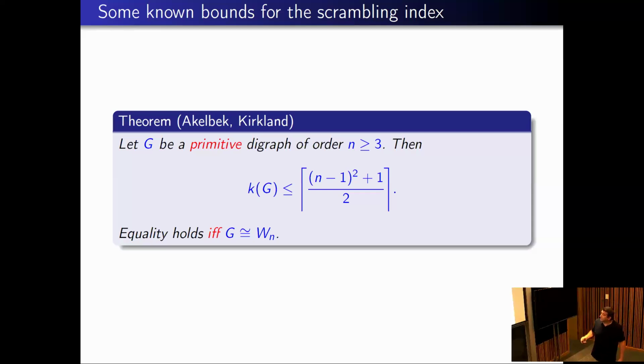For a primitive graph, it will give us the same situation with the extreme point as the Wieland matrix. And again, the extremal matrix with extremal scrambling index will be permutation equivalent to the Wieland matrix.